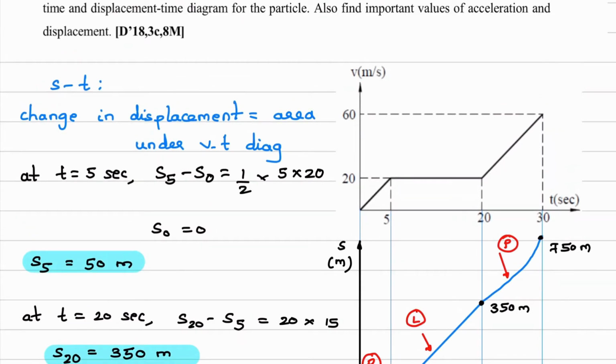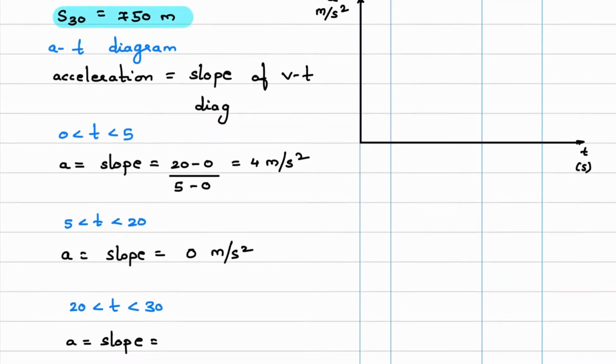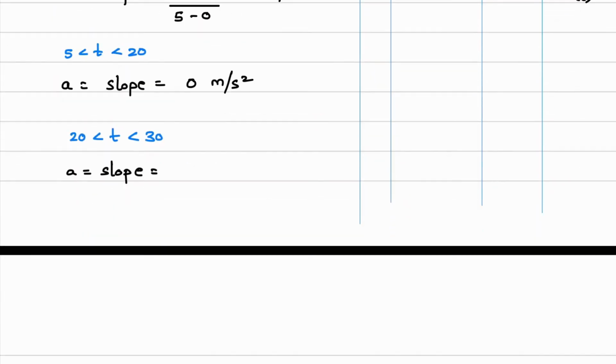For this line we have to calculate the slope. So what will be dv? It will be 60 minus 20, and dt will be 30 minus 20. So acceleration is 60 minus 20 divided by 30 minus 20. So this is 4 meter per second square.